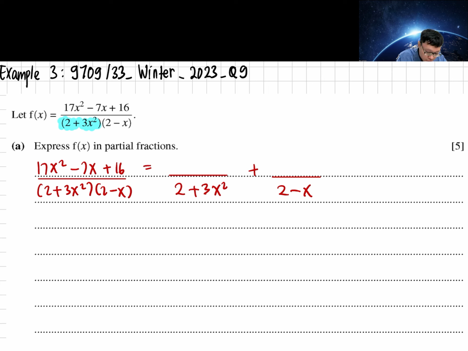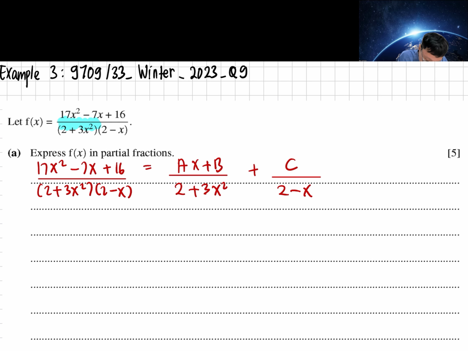But we can assume that it's degree 1, ax plus b, linear, because if it is degree 0, the a value is 0. So we have to take the worst scenario, which is the linear part. So the degree has to be less than the degree of the denominator. While the second one, it's only constant, so it's c, sorry.